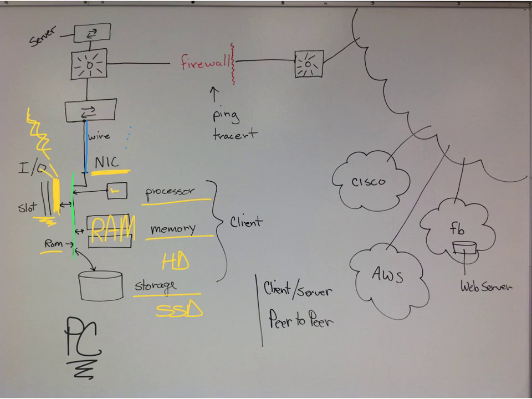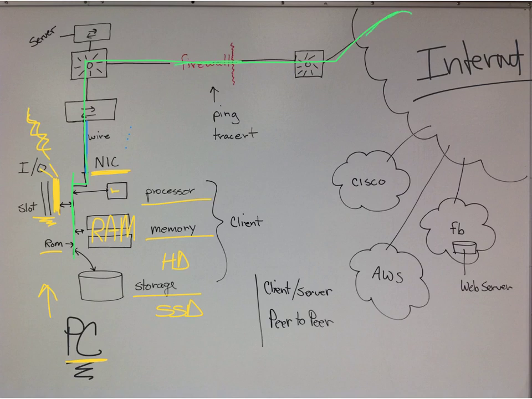Okay. Now, PC here, this would be an end device. We'll talk more about that in a little bit. And then the bits would travel through, let's say for an example, through our devices, out the firewall, and into the internet. And then the traffic. A firewall, if you have the traffic go out, then the firewall is going to let similar traffic back in.